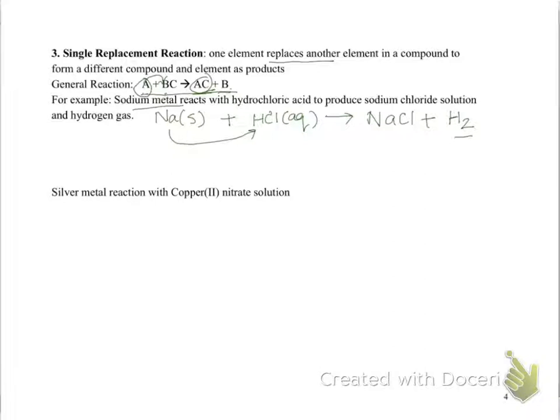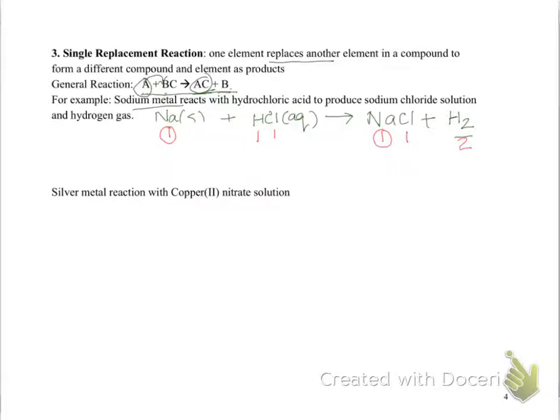Now once we are done writing the reaction, the next thing you do is to balance it. So here, one sodium, one chlorine, one hydrogen, but there are 2 hydrogens on the product side.